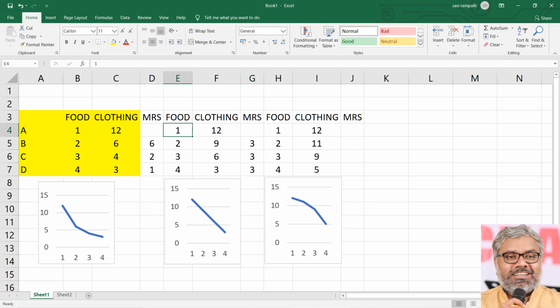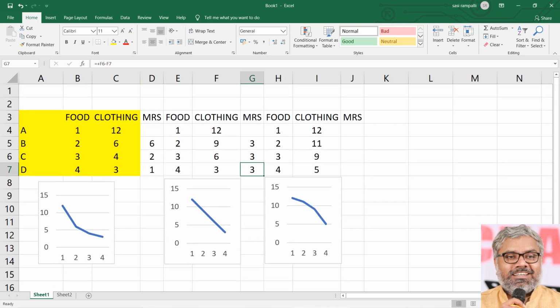Because the combinations are like this: 1 and 12, 2 and 9, 3 and 6, 4 and 3. Of course, here also the consumption of food is increasing by 1 unit, but the consumption of clothing is decreasing naturally. It has to, but earlier it was decreasing by different amounts, 6 to 1. Now it is decreasing by equal amounts.